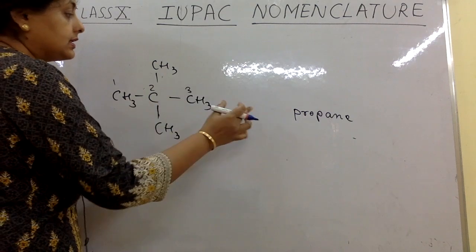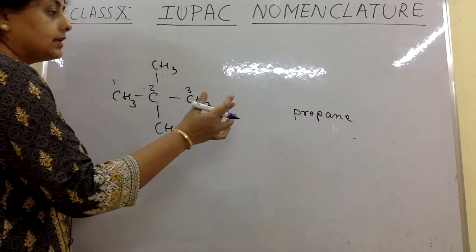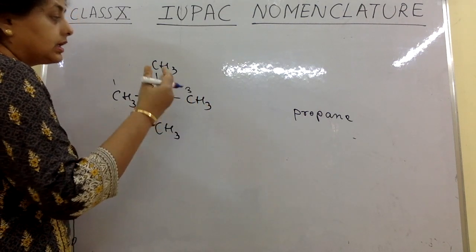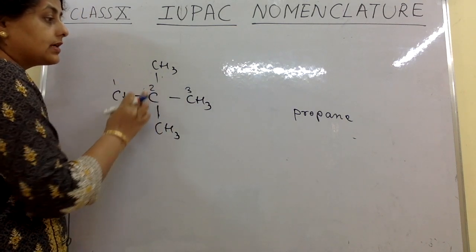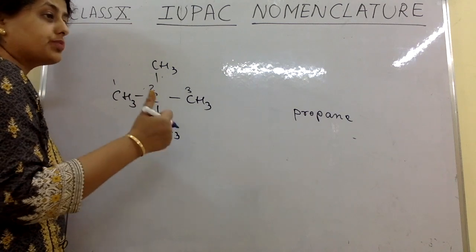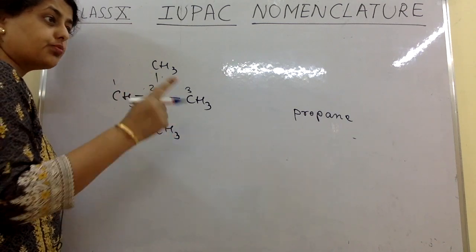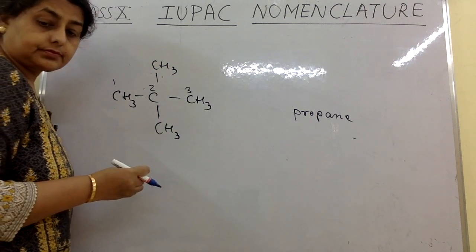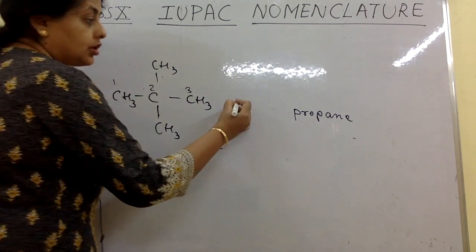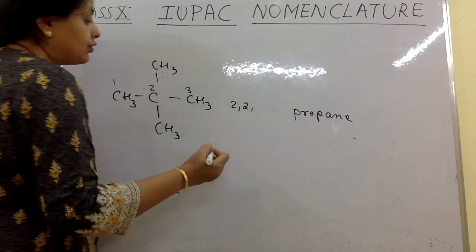Okay, and then let's come to the rest part of it, the substituent. This is 2. To the second carbon, how many methyl groups are there? There are 2 methyl groups, both to the second carbon. So how will we write? 2, 2. Why 2, 2?